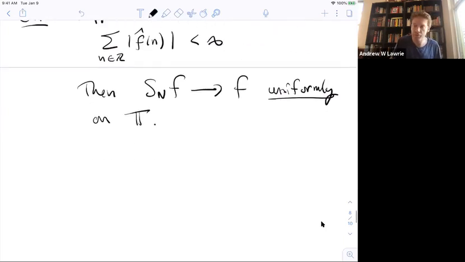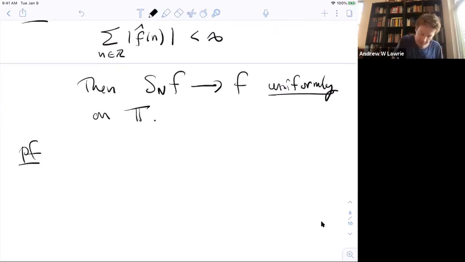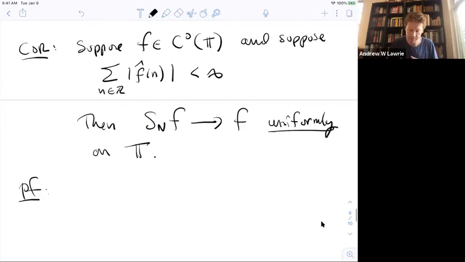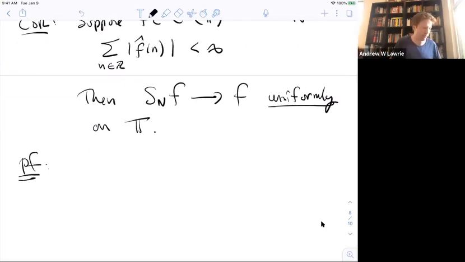Okay, and the proof is as follows. I want to give this proof today because it's going to prompt some real analysis techniques that I'd like you to look at over the weekend or before next class to remind yourselves of.